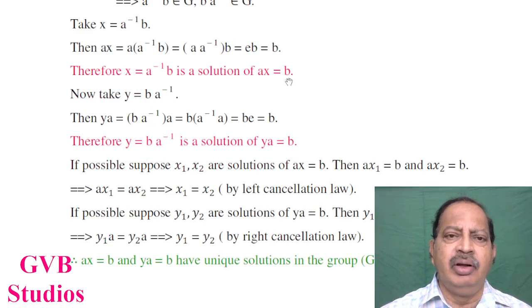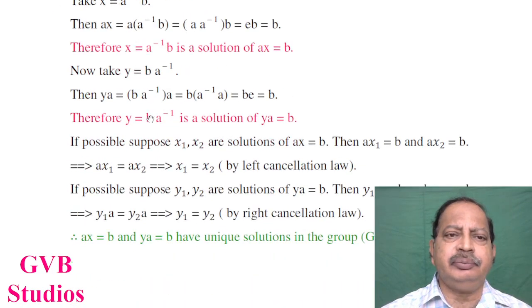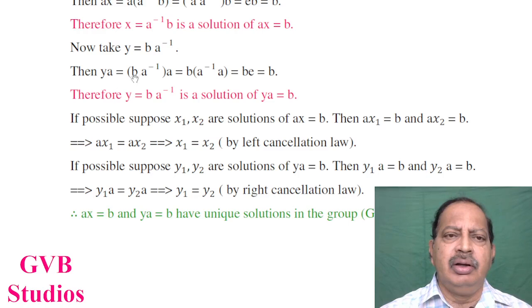Next we go to the second equation, ya equal to b. Take y equal to b a inverse. Take ya, replace y by b a inverse: (b a inverse) a is equal to b. Use the associative law and change the brackets for these two elements.